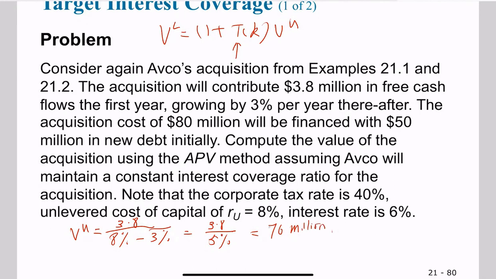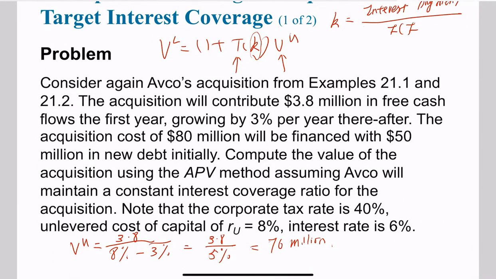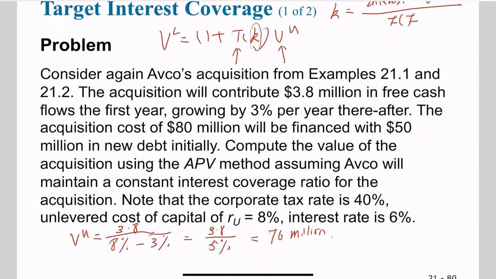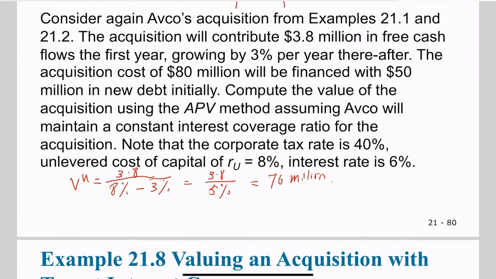And now we want to find out this guy. What is the K here? Remember that K equals interest payment divided by free cash flow, right? You can see that the problem does not directly tell you what is K, but we can back out K using the firm's interest payment and its free cash flow. So let's just look at the first year, right?